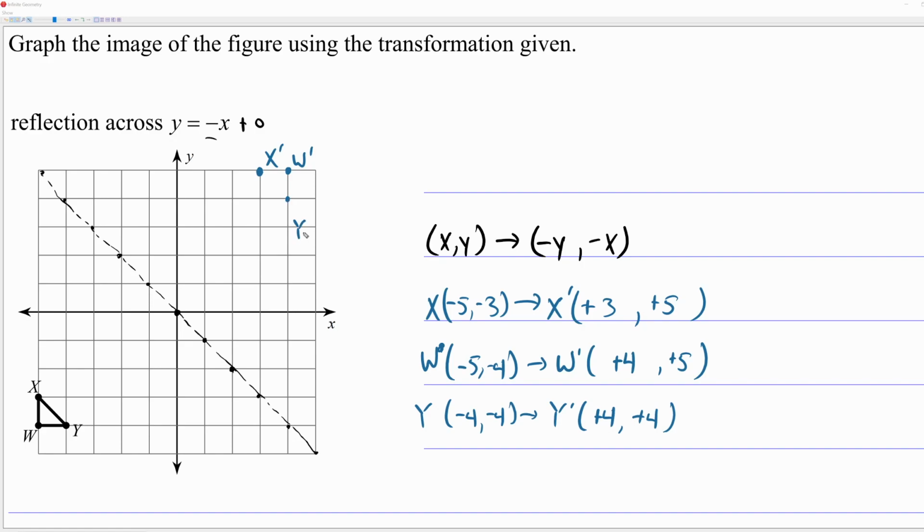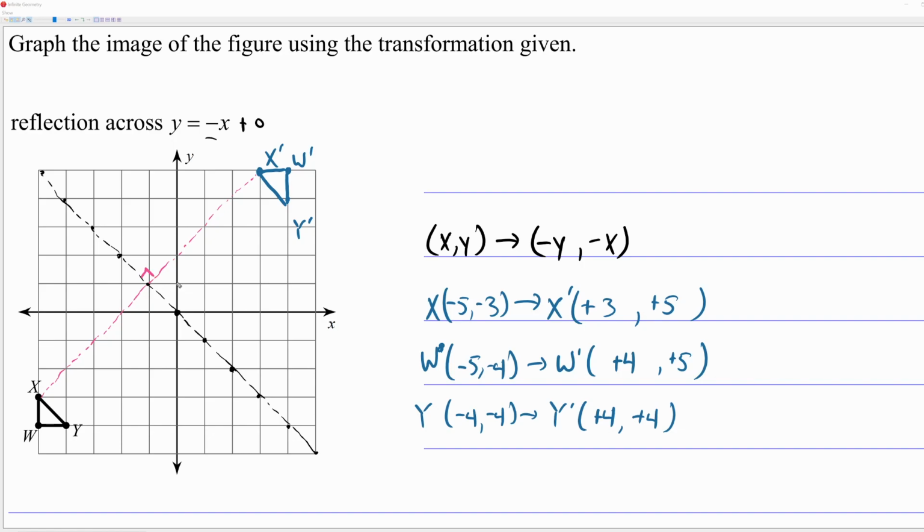And there's Y prime. Connect the dots, and you see the little reflected triangle, which again you can visualize as connecting the 2 points, x and x prime. You'll form a 90-degree angle with the same distance on each side.